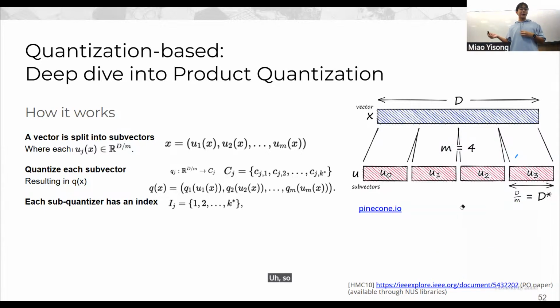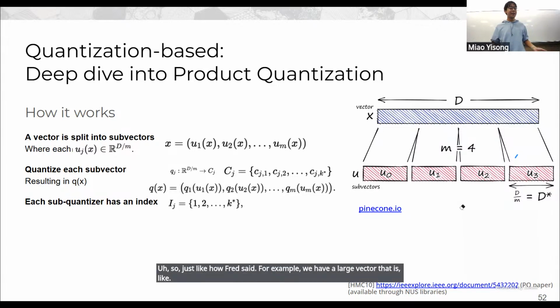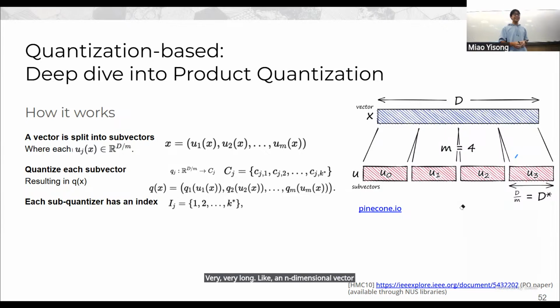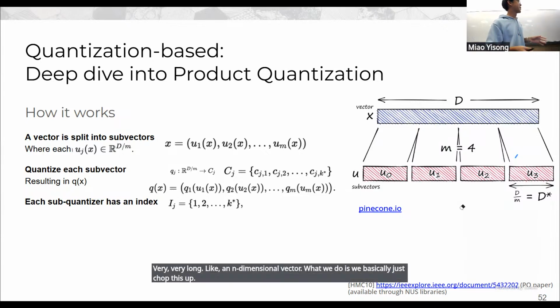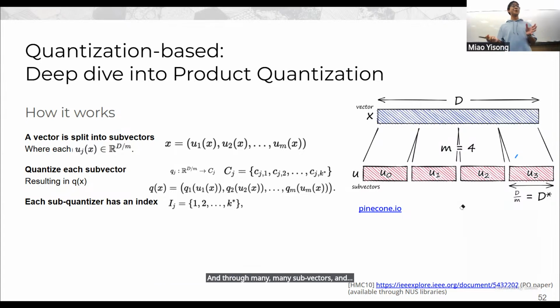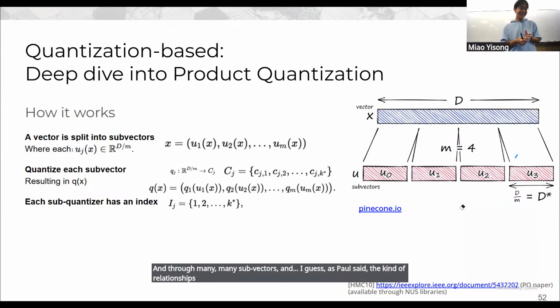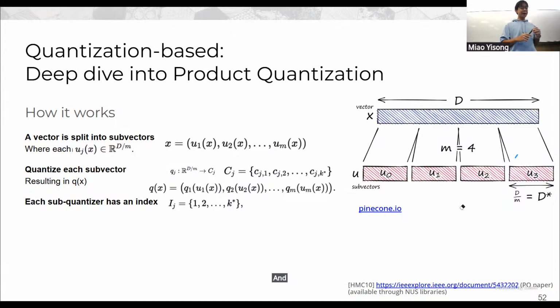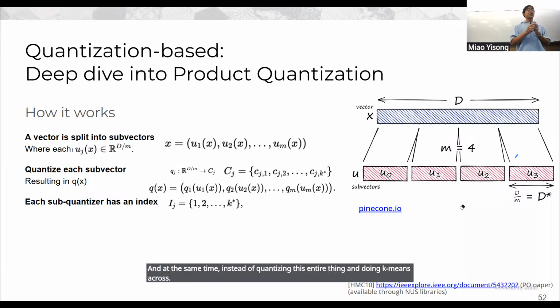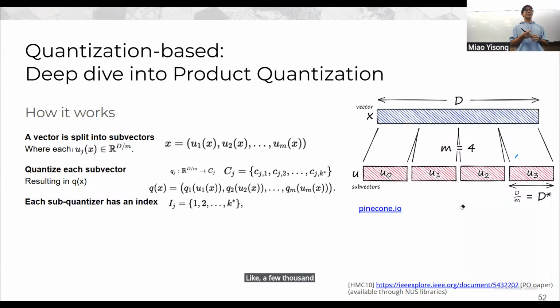Just like how Fred said, for example, we have a large vector that is very long, an n-dimensional vector. What we do is chop this up into many sub-vectors, and as the professor said, we hope that the relationships still work. At the same time, instead of quantizing this entire thing and doing k-means across a few thousand dimensions, which is not computationally feasible, especially for large K, we define many subspaces. So we break the problem down.